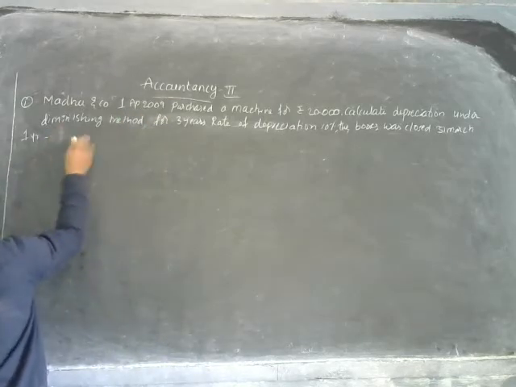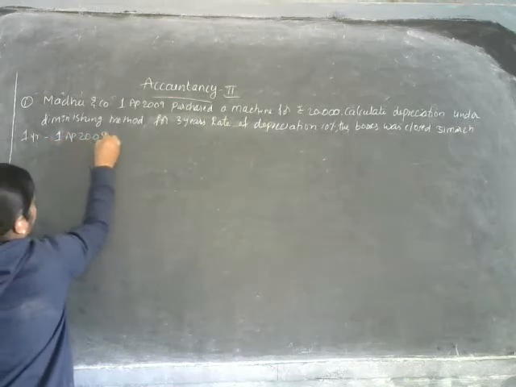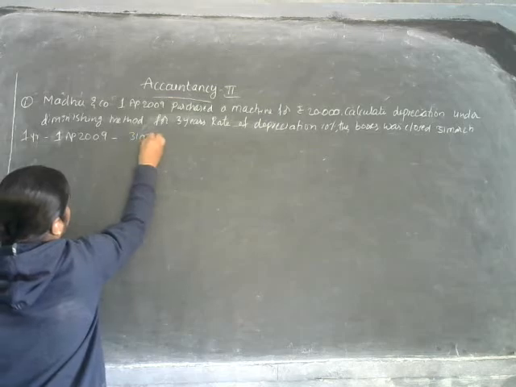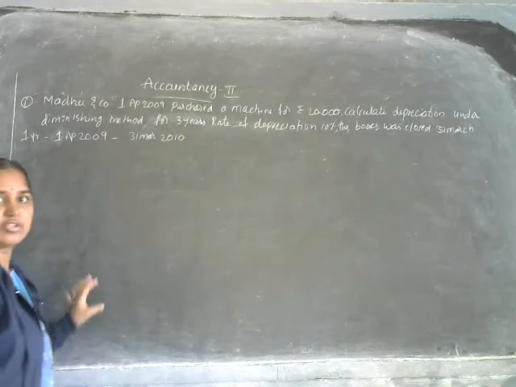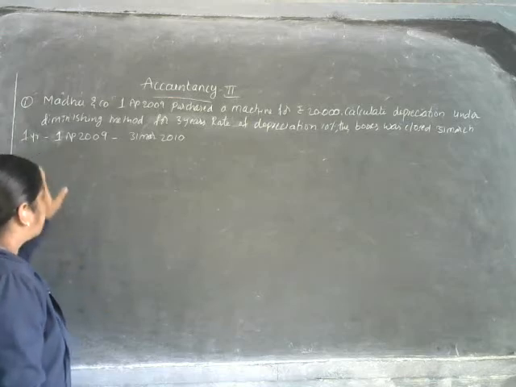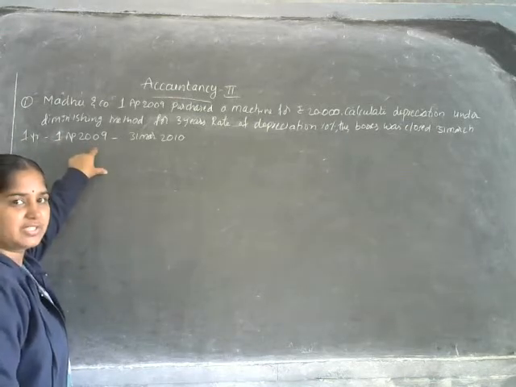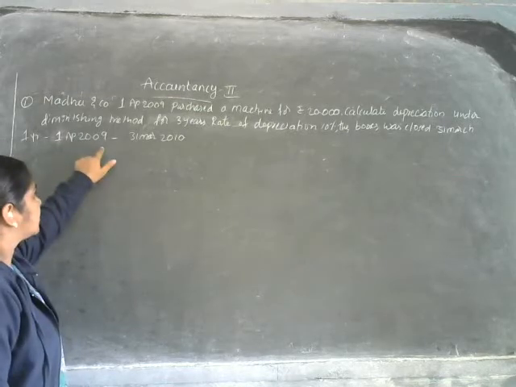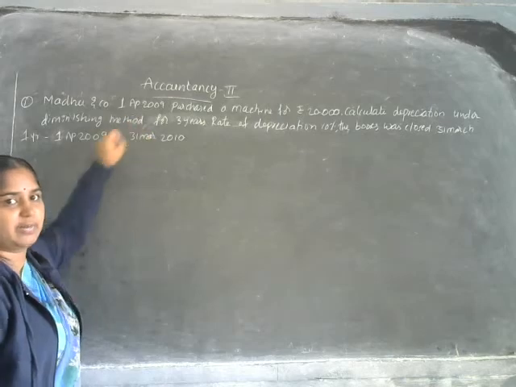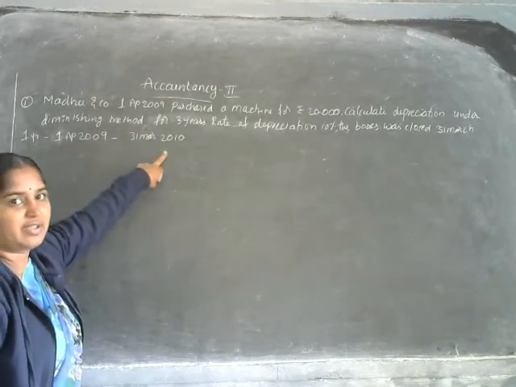So the first year date is 1st April 2009 and it ends on 31st March 2010, because the books are closed on 31st March only. Since we purchased the asset on 1st April 2009, the same date will come here, and 31st March 2010 is the first year.